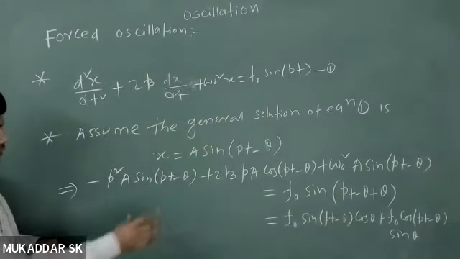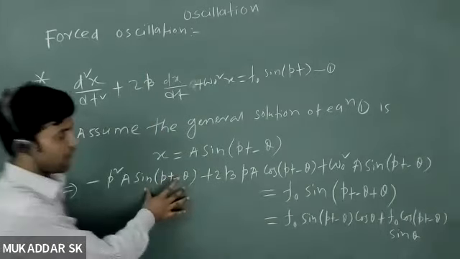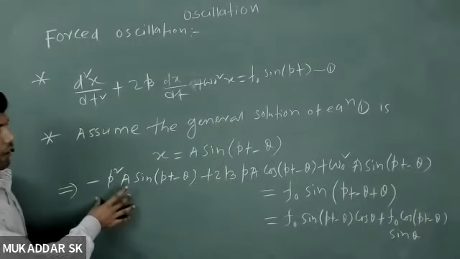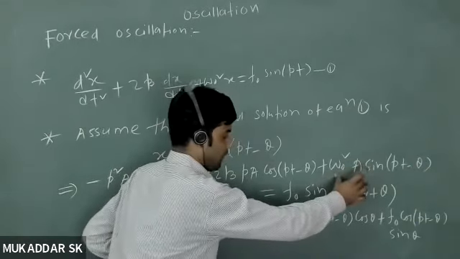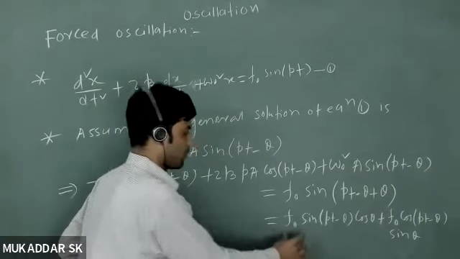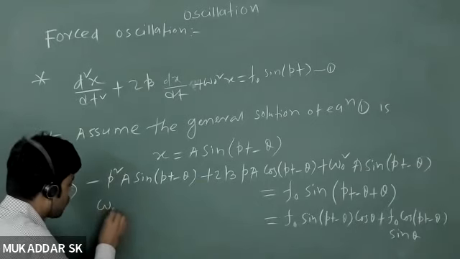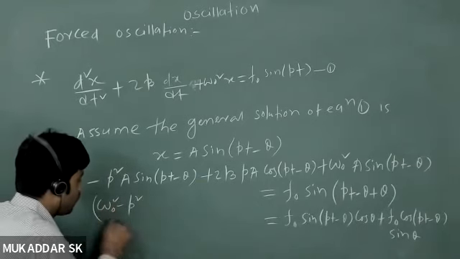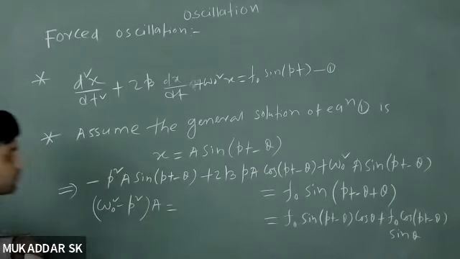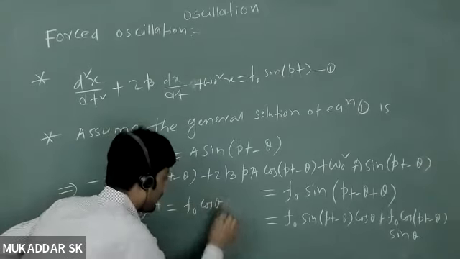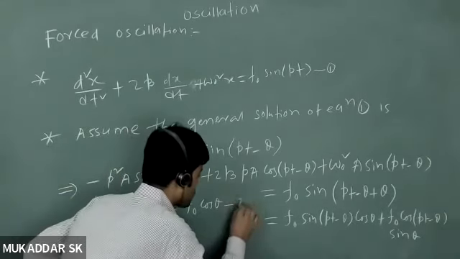Its coefficient on the left is minus p square a plus omega naught square a, and on the right hand side you have only F naught cos theta. So if I compare the coefficients of sine pt minus theta of both sides, I can write omega naught square minus p square, into a, equals F naught cos theta. This is your equation number 2.